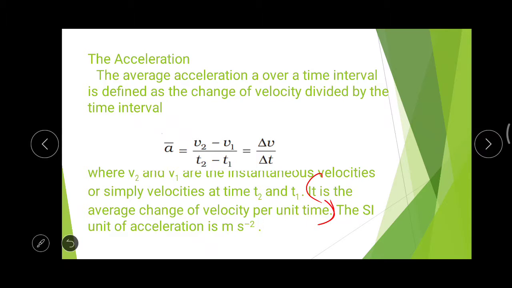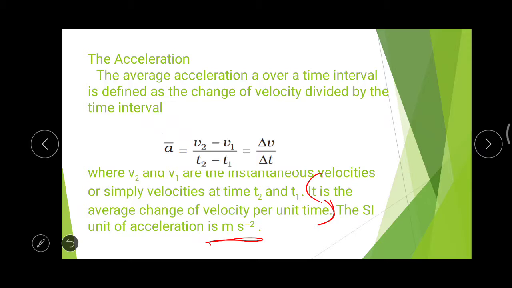The average change in velocity per unit time is known as the acceleration, and you should study the SI unit also, that is meter second raised to minus 2. Meter second raised to minus 2 is the unit of acceleration.